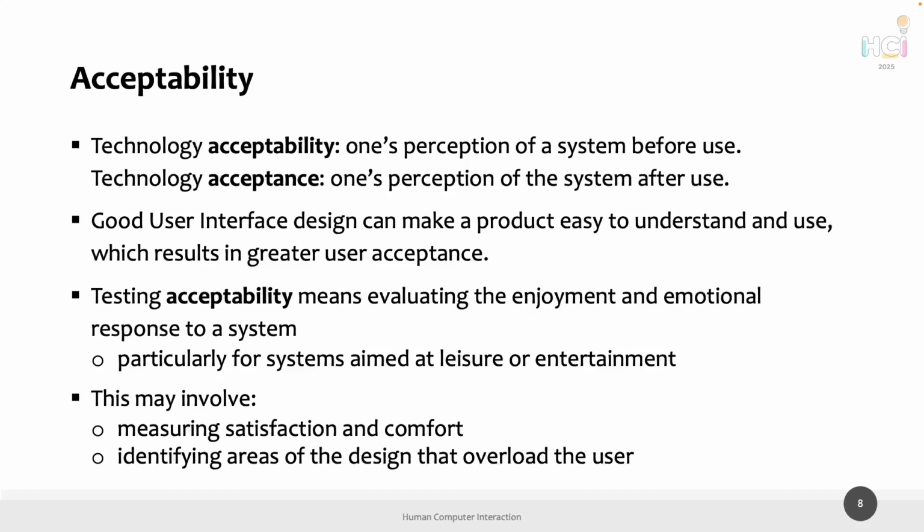So we can measure satisfaction, comfort, and we can also, on the contrary, identify areas of the design that maybe overload the user. So think about a recommender system which shows thousands of suggestions on the home page. This is probably overloading the user. So these are all aspects that can be measured under the acceptability umbrella.